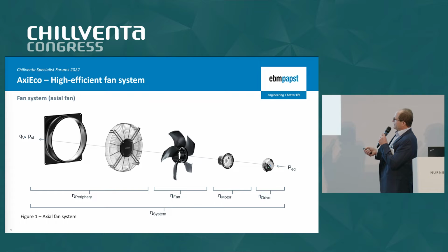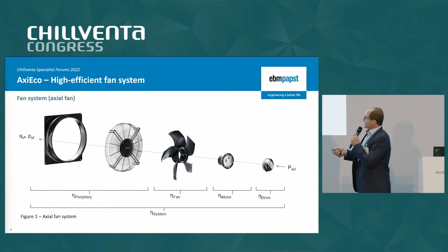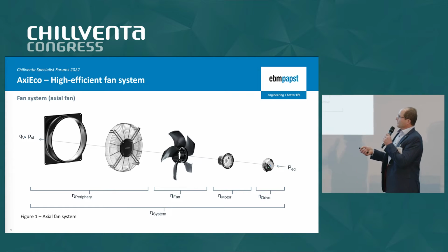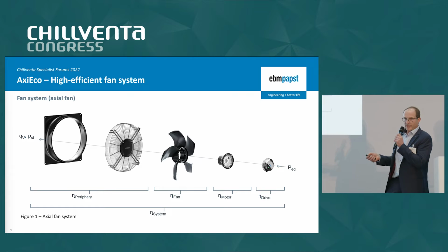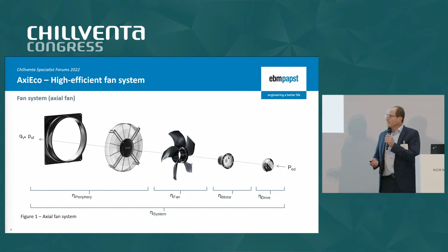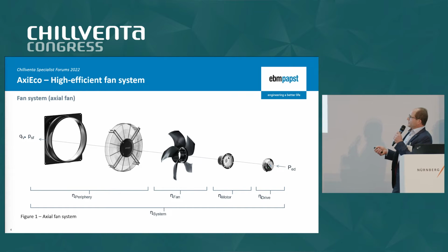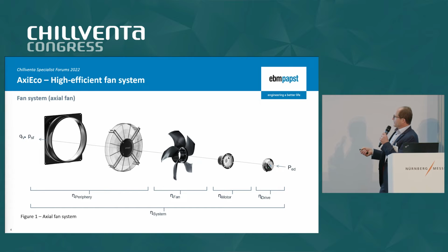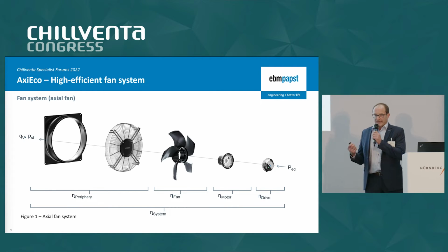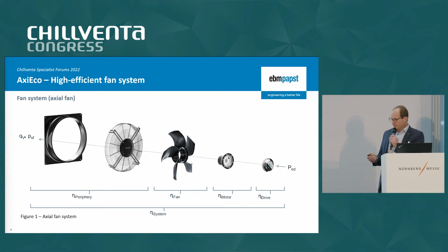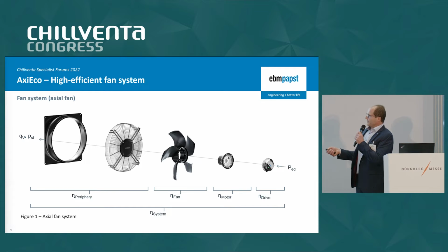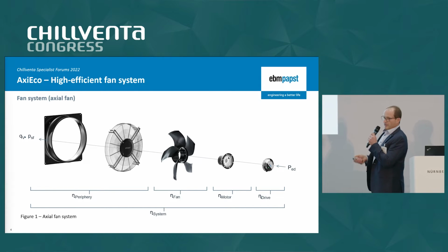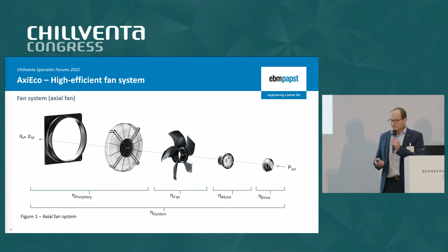Here we have got the axial fan impeller, but also the guard, the finger guard, and the nozzle or wall ring, or however you call it, tube, belongs to the fan system. And as you can see here from these figures, the efficiency, the eta of the total system, is the product of the efficiency of each single component. This is important to know.